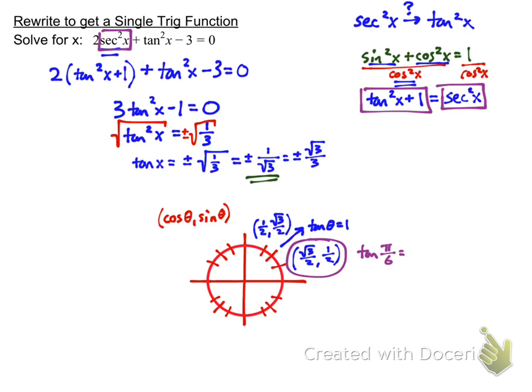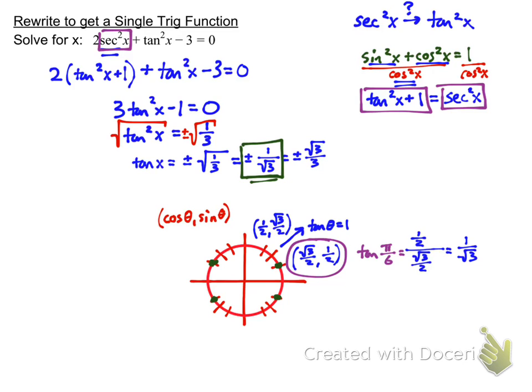And that is what looks similar to this one right here in the middle. Now, that means tangent of pi over 6 is 1/2 over root 3 over 2, and you notice that's 1 over root 3. Well, that's not the only possible solution.